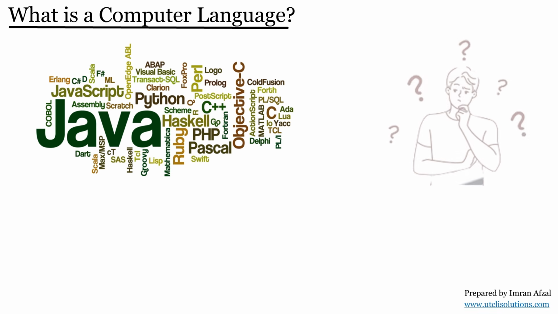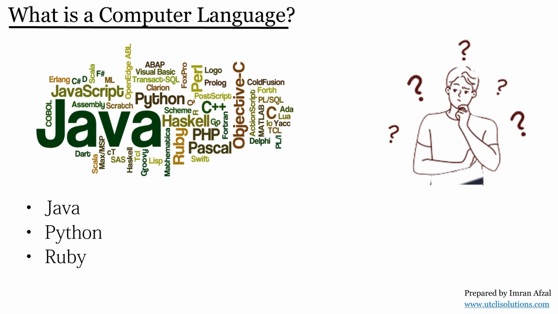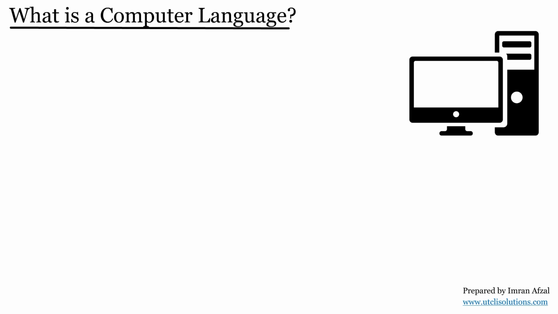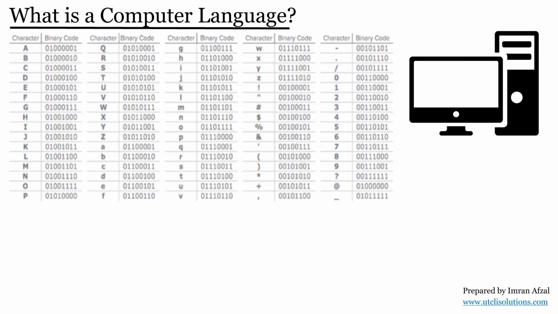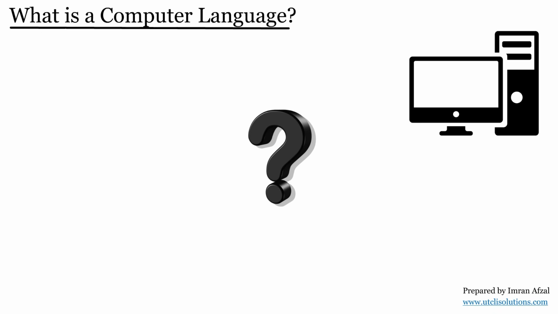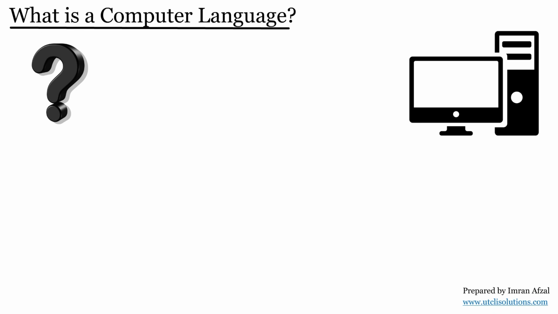You might be wondering why programming languages like Java, Python, Ruby, and so on are necessary if the computer already has its native binary language. That's an excellent question. Now, allow me to clarify one thing.